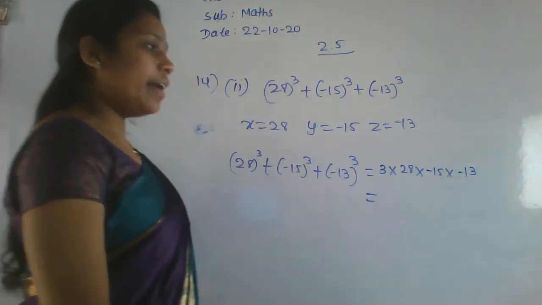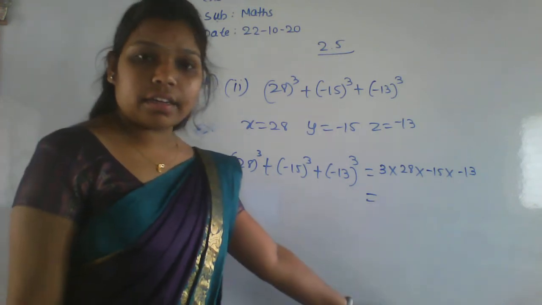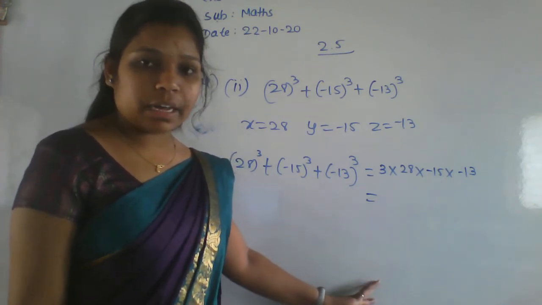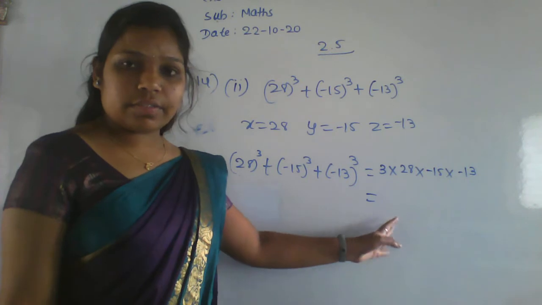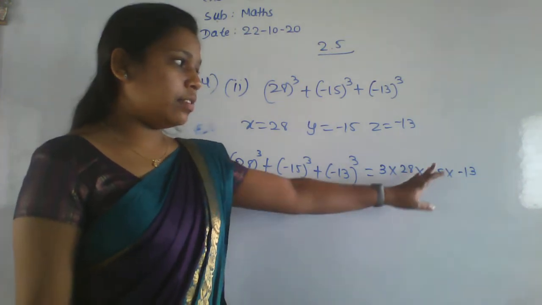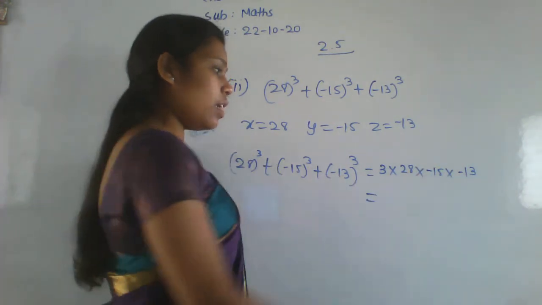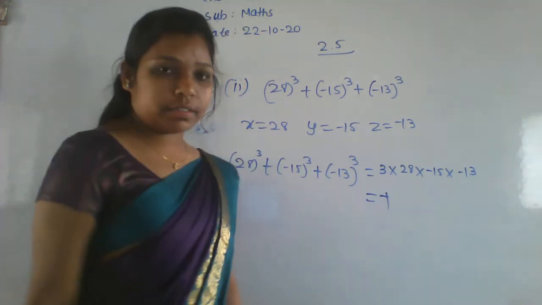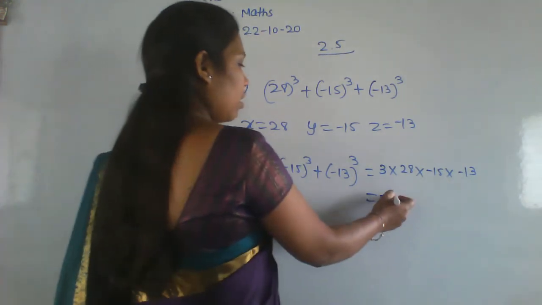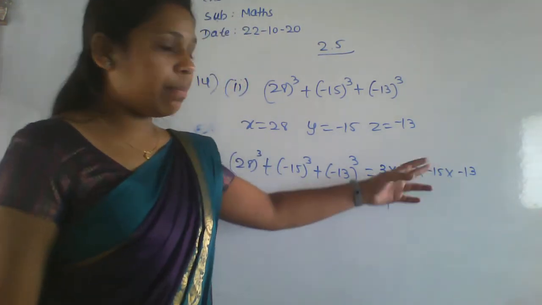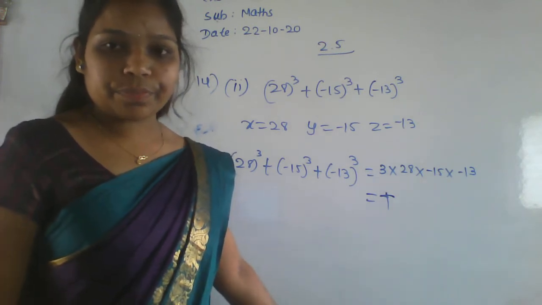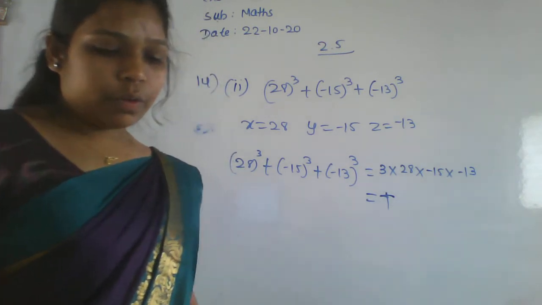Now multiply and write your answer. I won't multiply here, okay? It's a waste of time. Do it yourself. This is a multiplication. Here minus minus is there, so the answer should be in a plus only. So multiply, write your answer. Getting? Okay. We'll go for the next question.